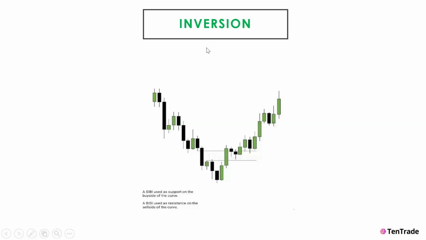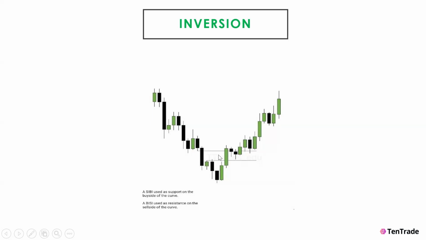Fair value gap inversion is a scenario where you have a double fair value gap. You see this market coming down, we had this fair value gap. Then while going up, we expect the market to respect this and go down, but we now see another fair value gap into this zone. So you have a double fair value gap on this zone.